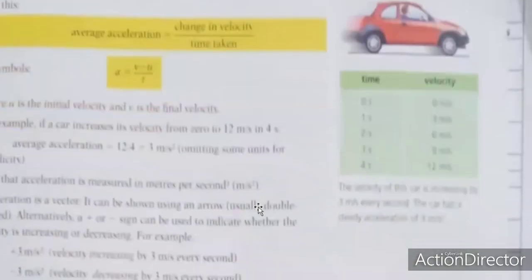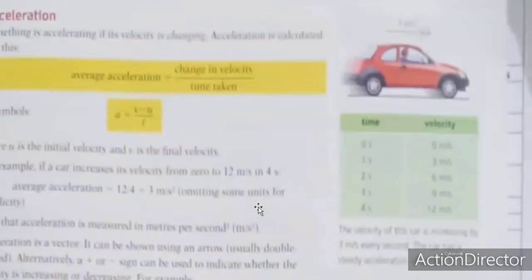Now our third topic is acceleration. Something accelerating, if something is moving, means its velocity is changing. Normally we observe this when we start a car or when we are moving towards a specific direction.